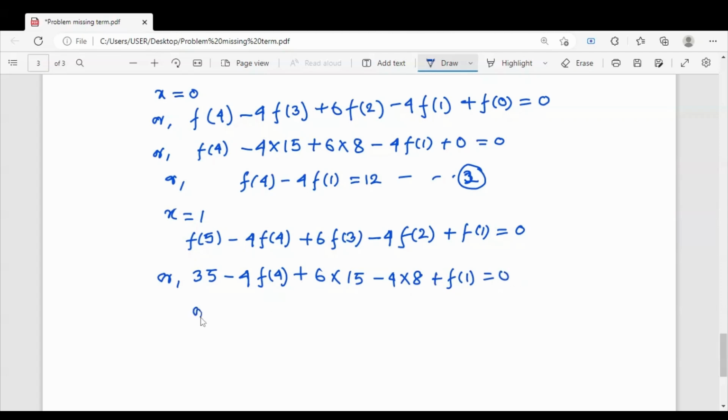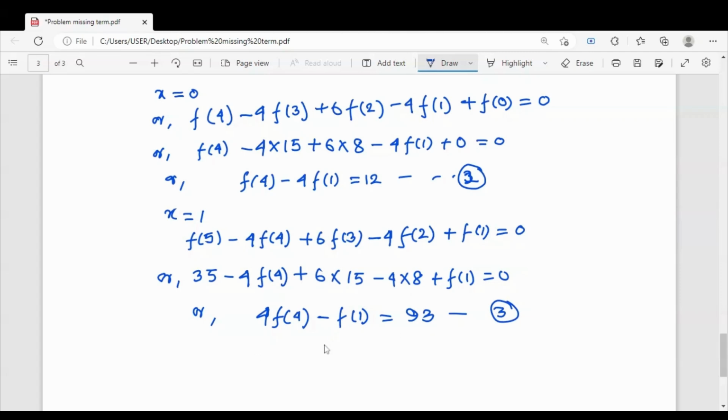So if you simplify this one, we get the equation as 4 f(4) minus f(1) equal to 93. So consider this is our equation number 3.